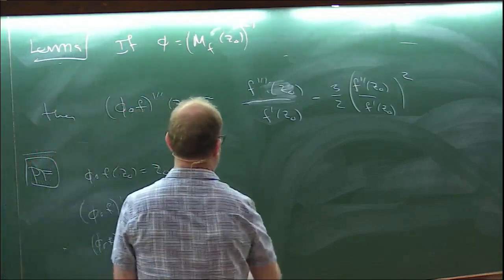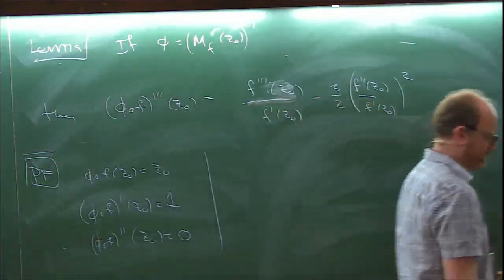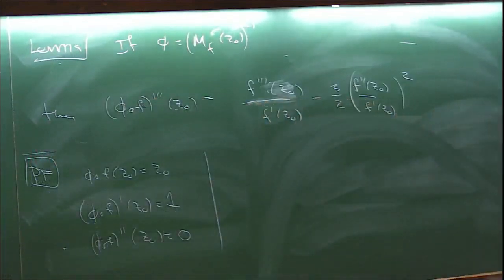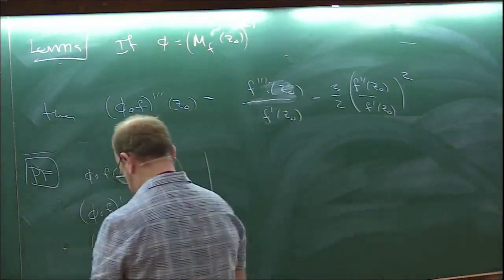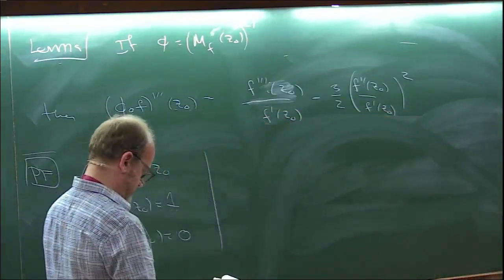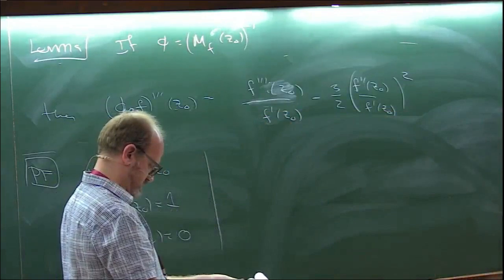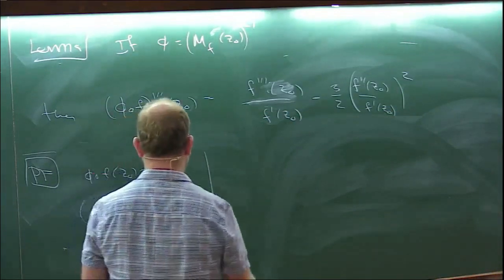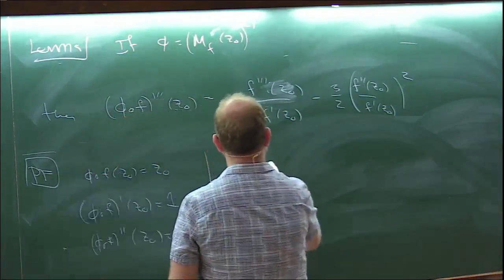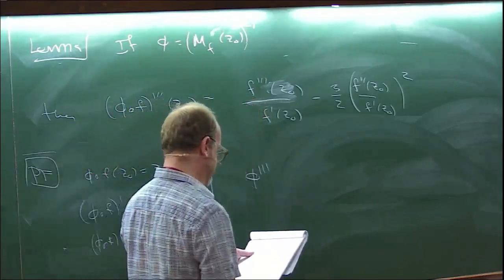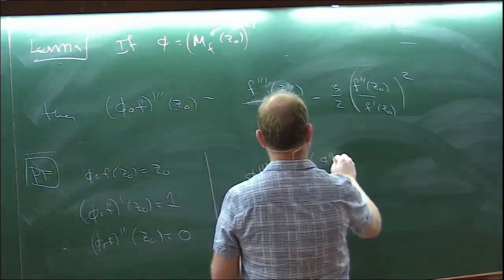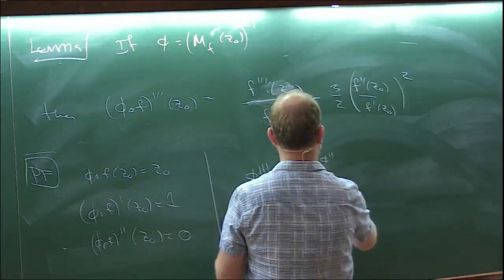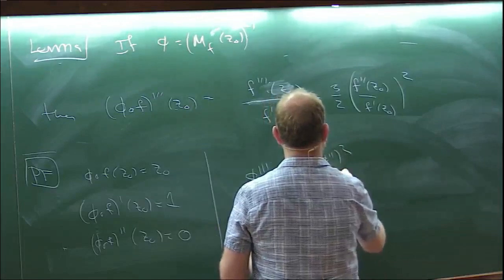So there's something nice about Mobius transformations. The third little fact you need to use is if you have any Mobius transformation, you can write its third derivative as 3/2 its second derivative squared divided by its first derivative.